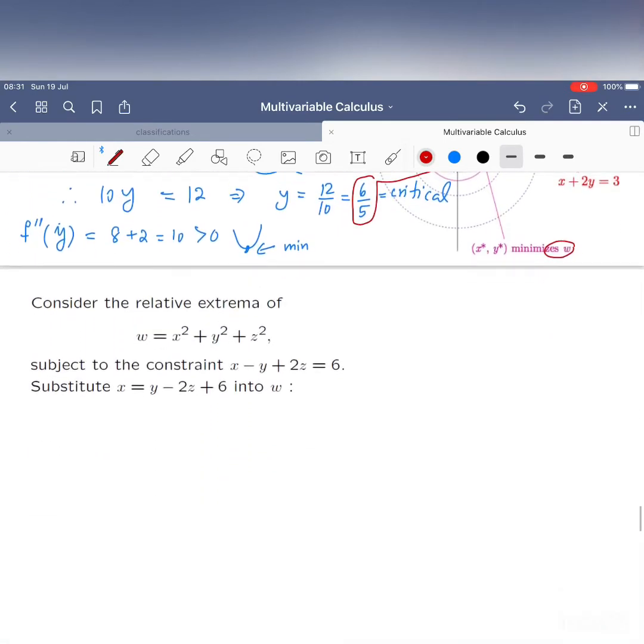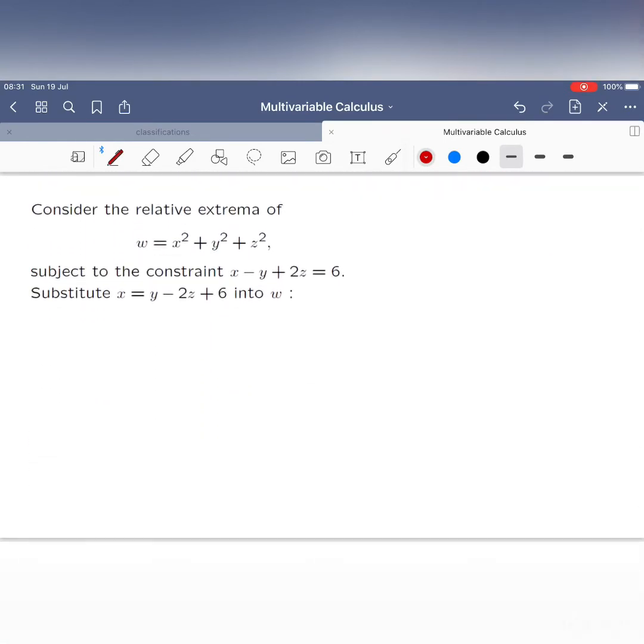What if we have more than 2 variables at the beginning? You got 3 variables, and you need to find the relative extremum, subject to this constraint, x − y + 2z = 6. So what we are going to do again, we will do the same thing.